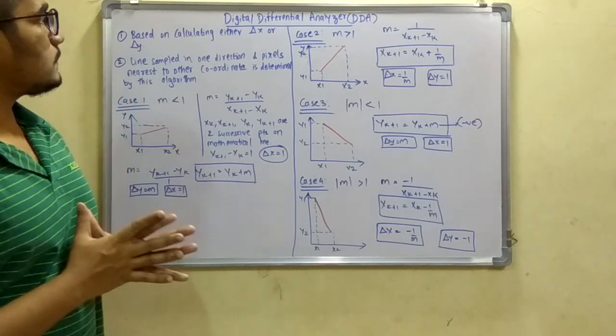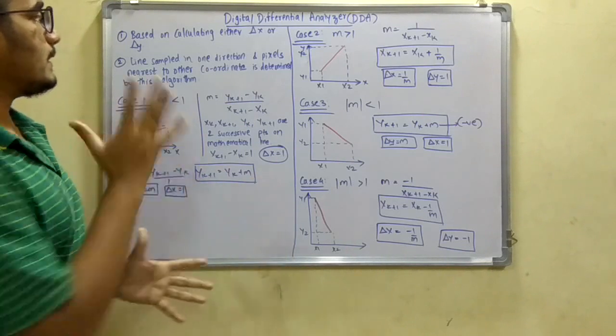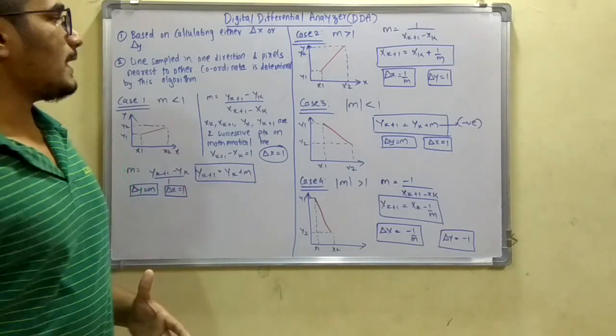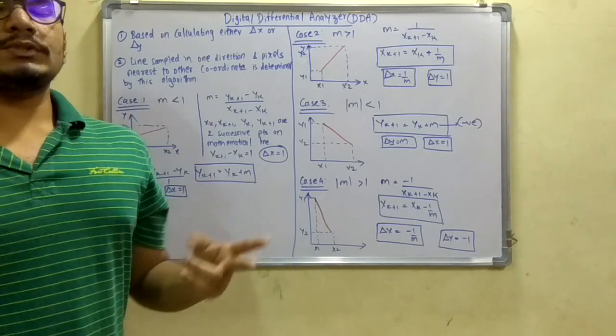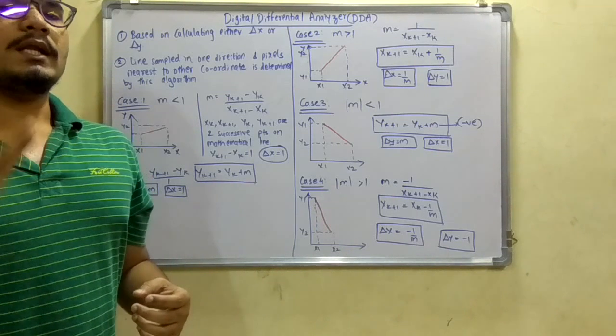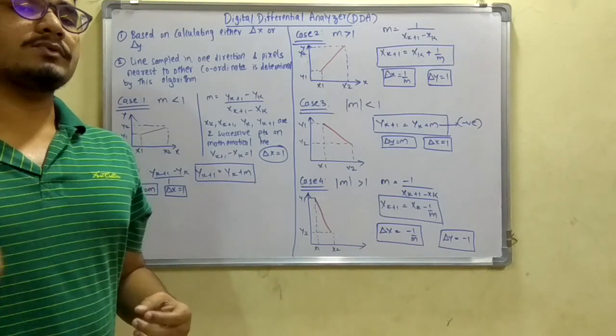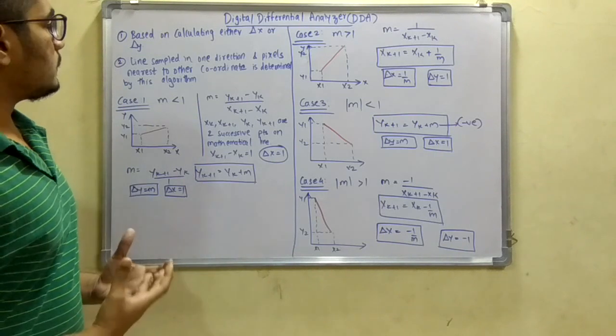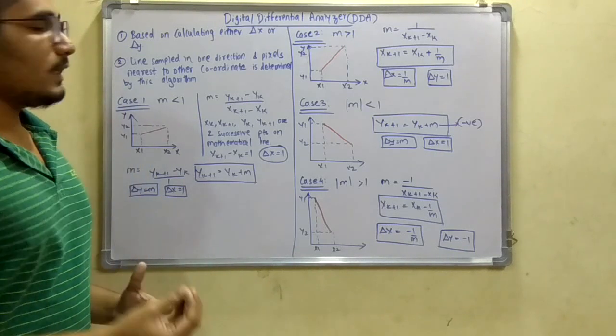First, a brief introduction to the DDA. This DDA is based on calculating either delta x or delta y. These two are the parameters which determine the line, or at which intercept you have to draw or project the line. Next, in this the line is sampled in one direction.